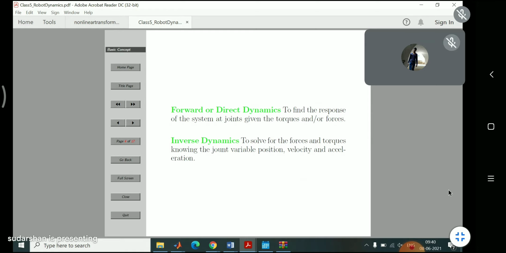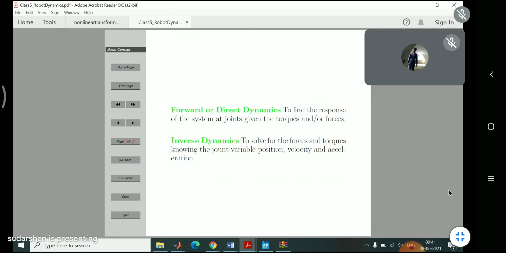As we did in the case of kinematics, here also we can talk about forward dynamics. That is, if I apply a particular force or torque, what will be the response?